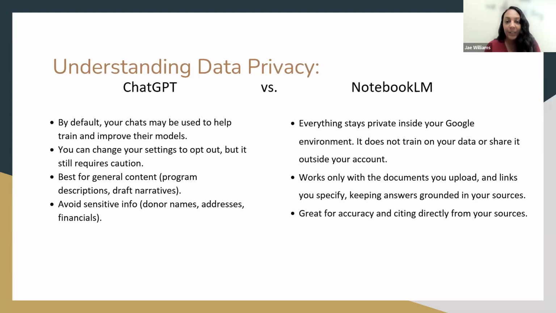So it doesn't train on your data or share it anywhere beyond your account. And it's really useful for any content where accuracy is crucial, like reports and outcome data or information that has to be cited. If you want to use only particular sources, you can narrow the sources that it's looking at versus just looking at the whole wide web. It's only going to look at the websites that you feed it or the documents that you upload.